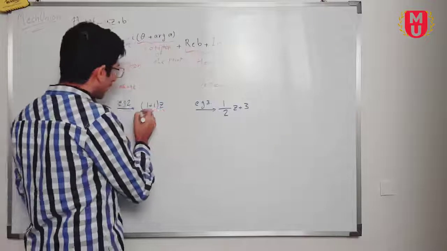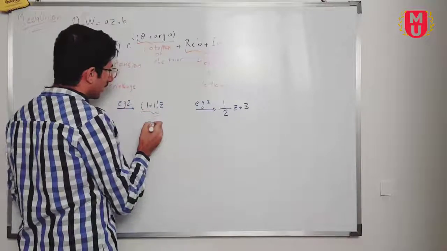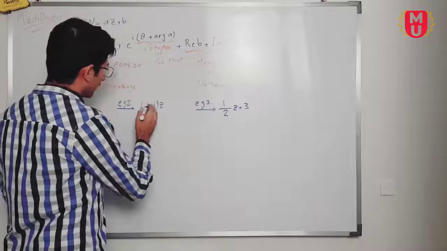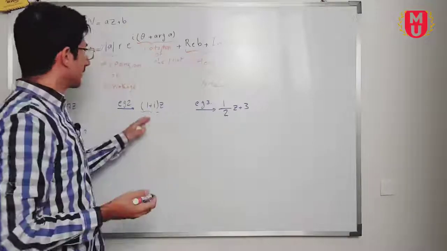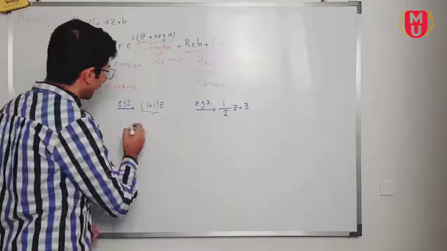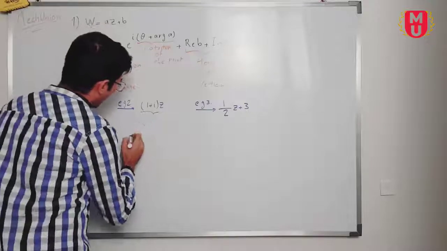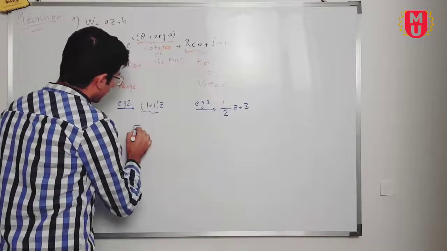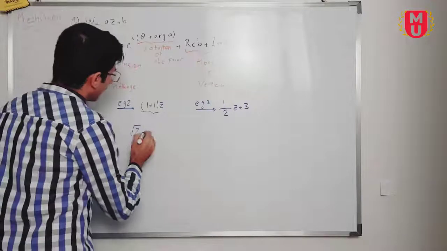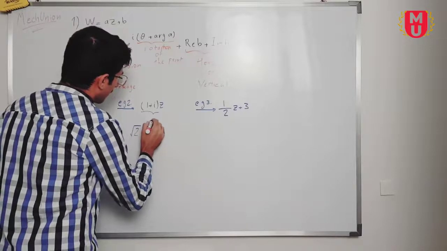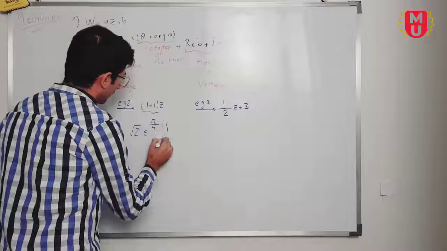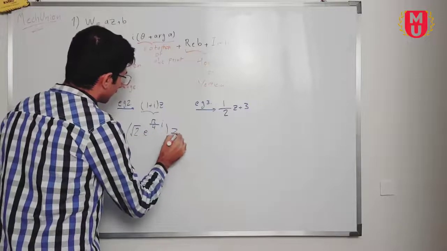We open up this complex number. It's better to memorize this. If you want to write it in Euler form, it is root 2 e to the pi over 4 i, times z.